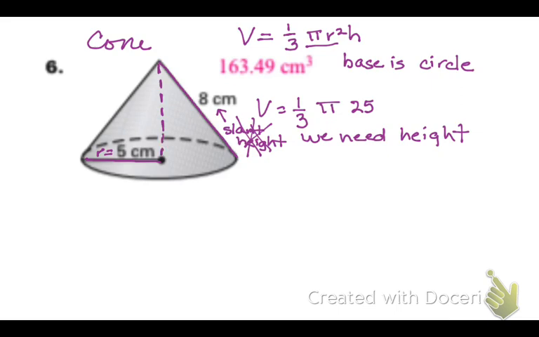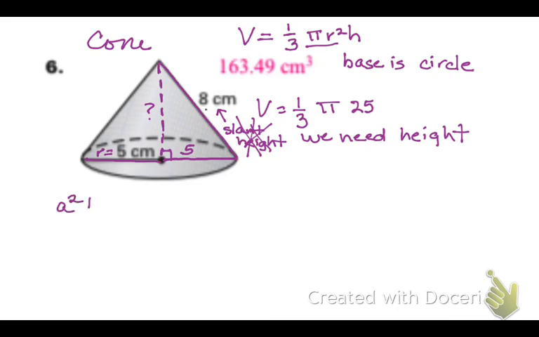So if that radius is 5 centimeters, we can draw another radius this way, and it is also going to be 5 centimeters. We have a triangle, and because the height is perpendicular to the base, that's a right angle, and good old Pythagoras, we can call on him again. We know that the hypotenuse, this long side, is 8, and that's our c.